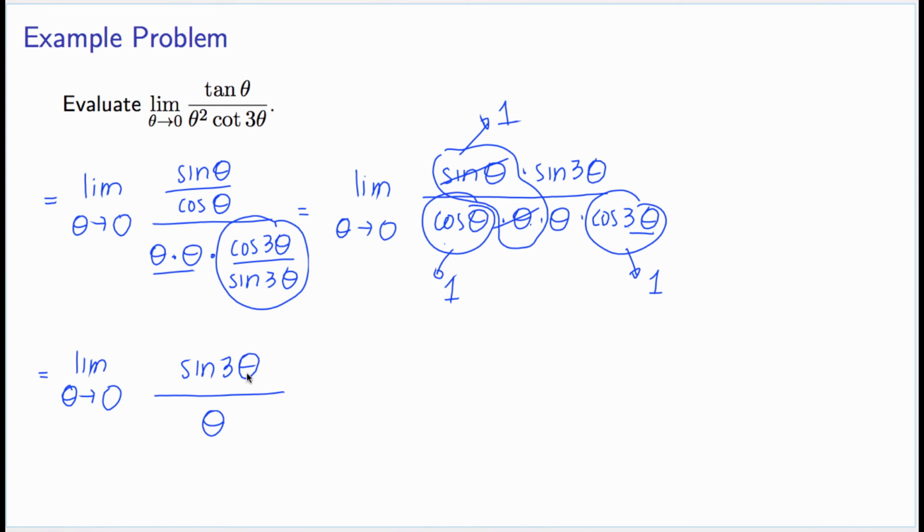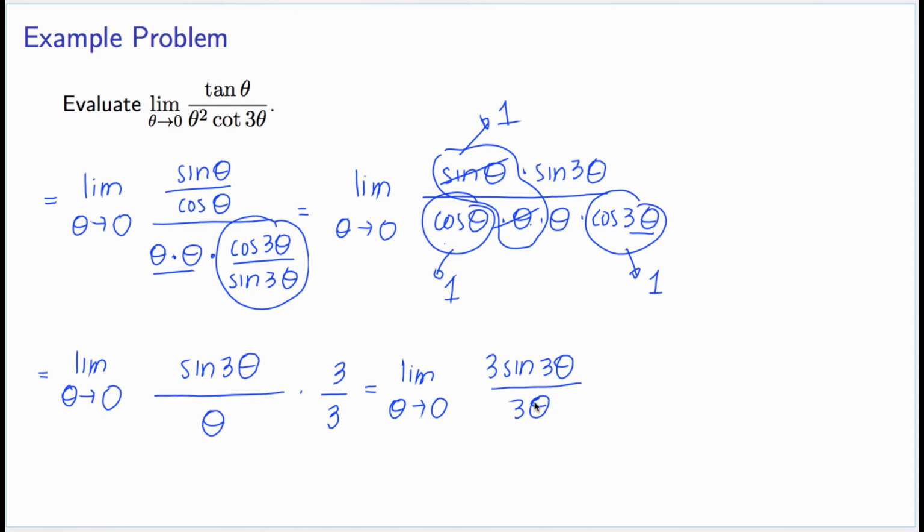Now with my sine of 3 theta, as theta goes to 0, 3 theta goes to 0, so if I had sine of 3 theta over 3 theta, then I could use my result. We just have a theta in the denominator, so I'll multiply top and bottom by 3. So we get here the limit as theta goes to 0 of 3 sine 3 theta over 3 theta.